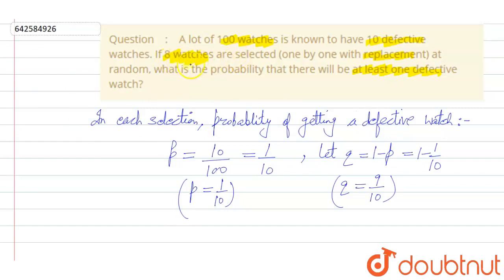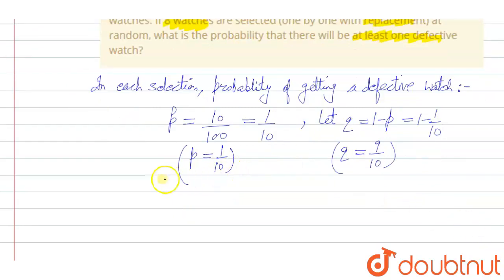Now we are doing 8 selections of watches. So this is a case of binomial trials.